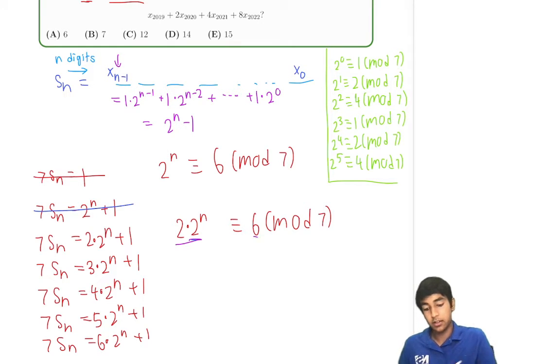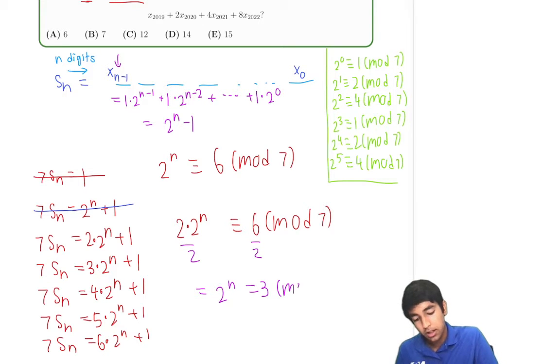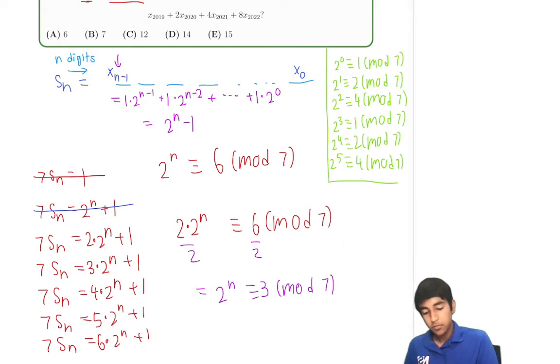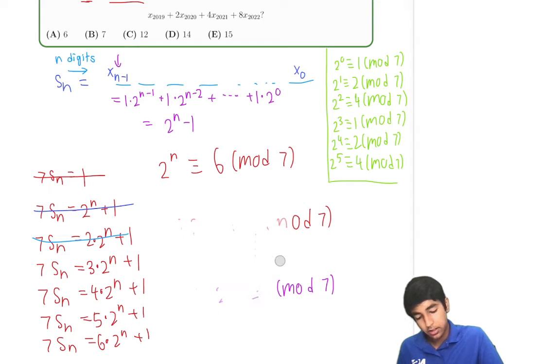It can never be 6. Another way to see that, if you found that confusing, is to see that we can divide by 2 from both sides to get that 2 to the n is 3 mod 7, which is obviously impossible as well. And the reason we can divide by 2 is because 7 is relatively prime to it. So this case also fails. Now we're on to the next case.